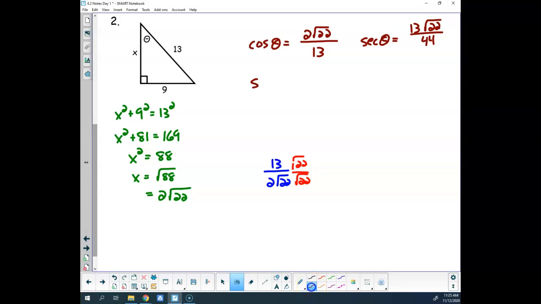Then the sine of theta is going to be 9 over 13. Cosecant of theta, 13 over 9.